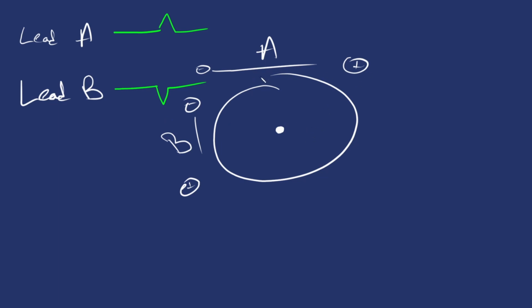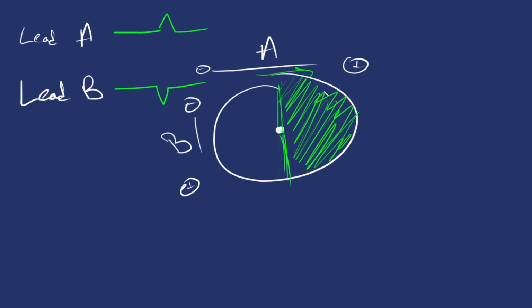So we know that this is going this way somewhere. So we don't know exactly where in this circle this is, but we do know it's got to be somewhere in here because it has to be heading to the right of the circle. Okay. Now we take lead B and we see it's negative. Okay. So that means it's heading up.